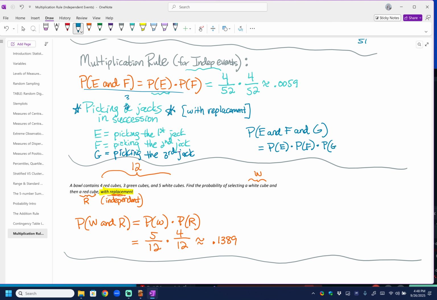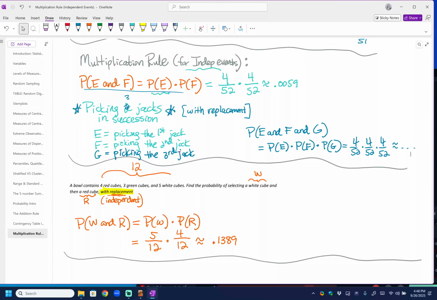So if that's true, and we are returning to the deck every single time, then we're going to get 4 out of 52 times 4 out of 52 times 4 out of 52, which is going to be equal to something. You can do that later. The key to understand is that this rule can be applied to multiple events beyond just 2.